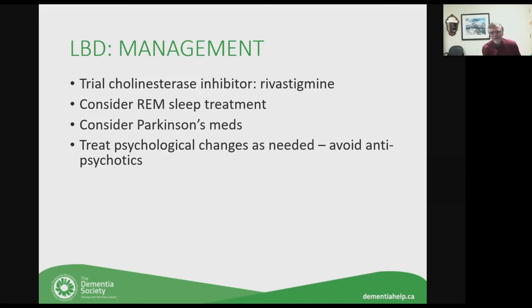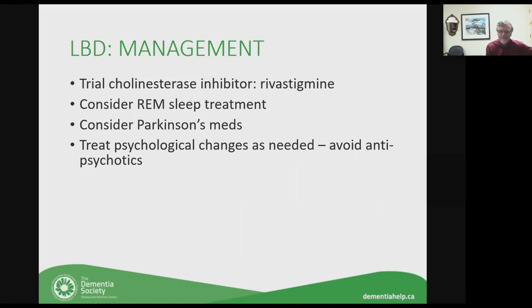So I try to explain to the family why these hallucinations are happening, and to accept them, but to minimize their impact. To say, okay, you see those children, I don't see them. That's fine. Why don't we go for a walk and distract them, and that way it decreases the significance of the hallucinations and gives it less importance.